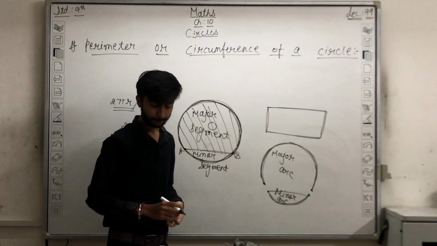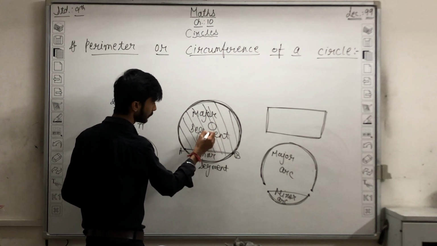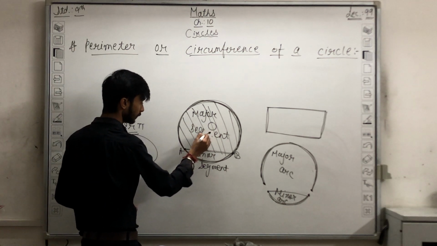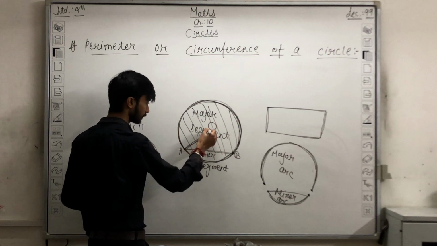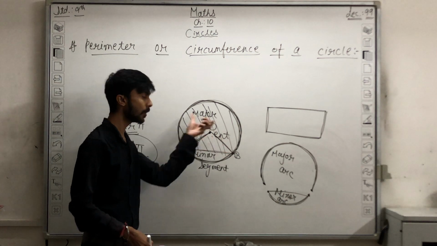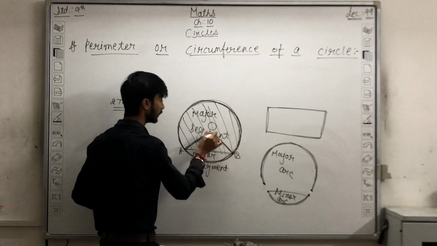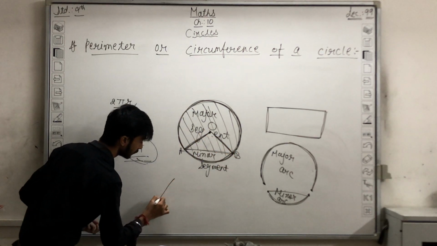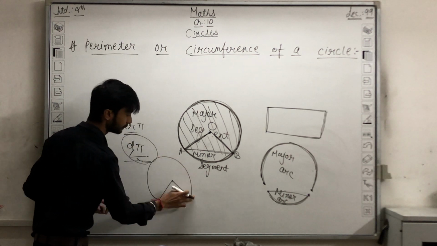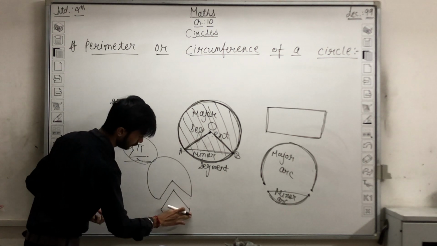Now, this is the center O of a circle. Suppose there are two radii of this circle. From these two radii there are another two portions, upper side and lower.